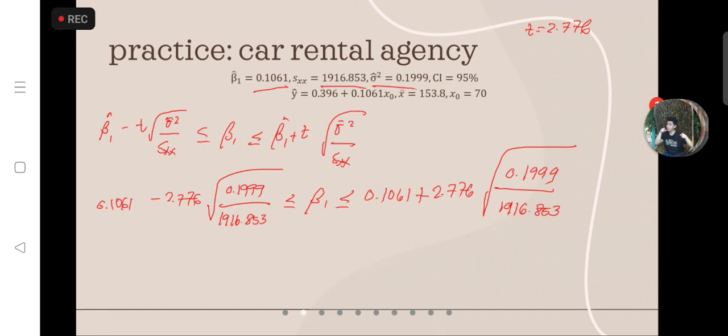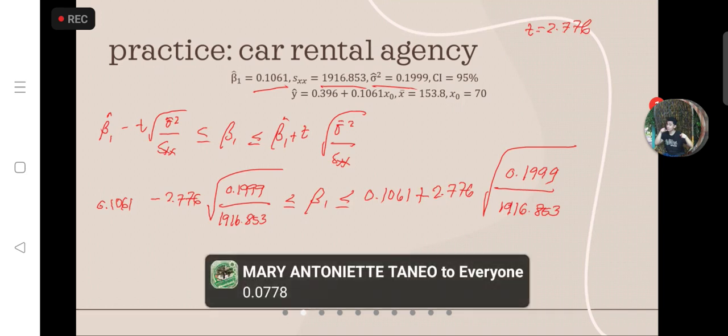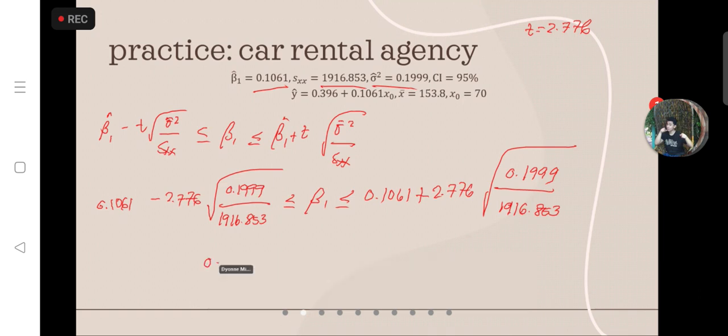Anyone? 0.0778. Same answers? Same ra, miss.